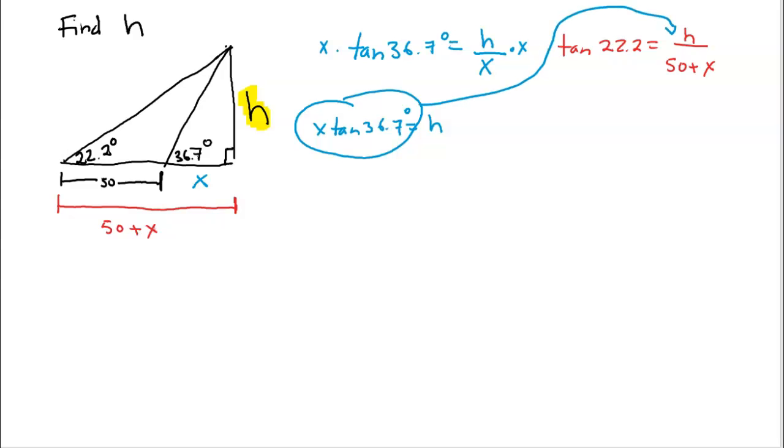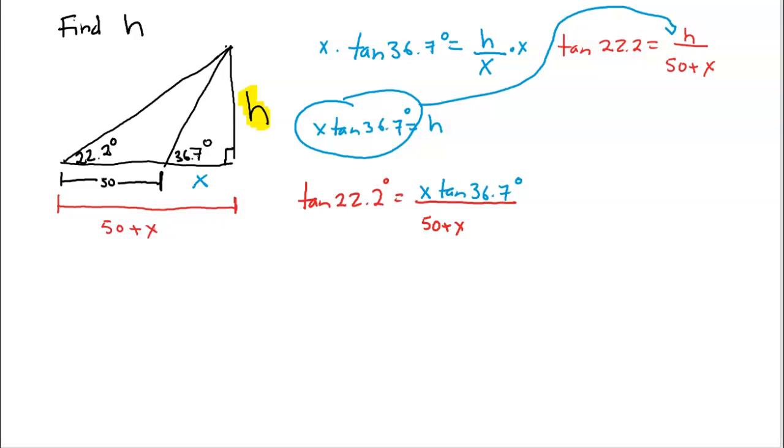So I'm going to plug it in, and again, I'm going to try to color coordinate it for you. So this is going to become tangent of 22.2, my numerator is now x times the tangent of 36.7, and my denominator is 50 plus x.